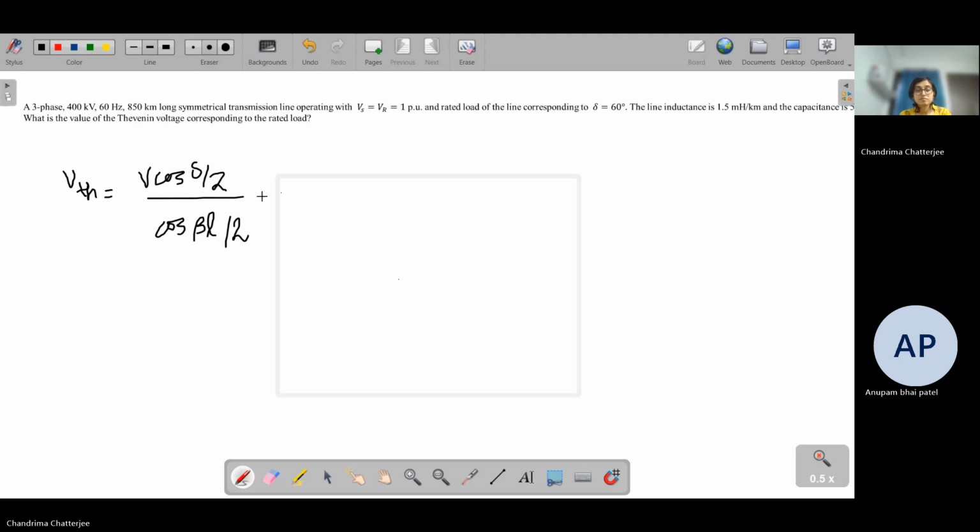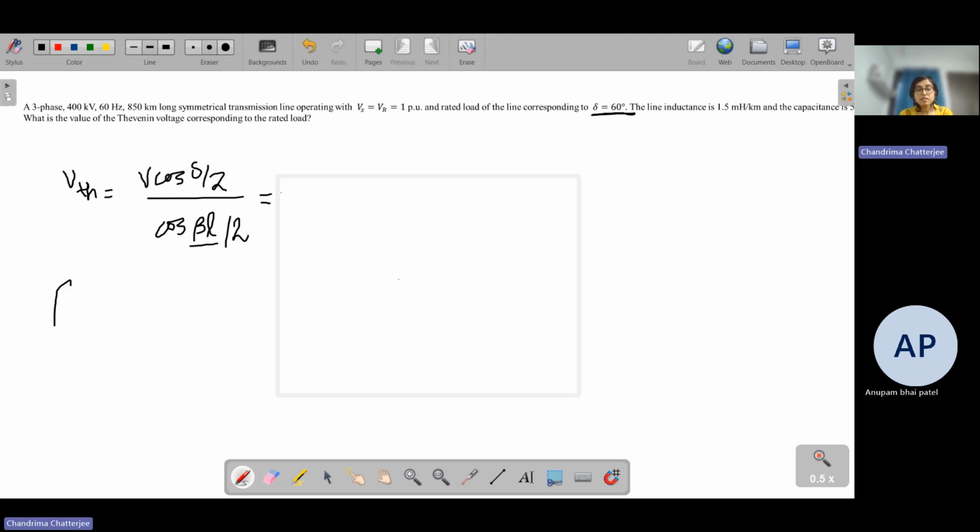So what information do we already have? We already know delta because they have said to consider the rated load at delta equal to 60 degree. What we need to find is beta L, right?